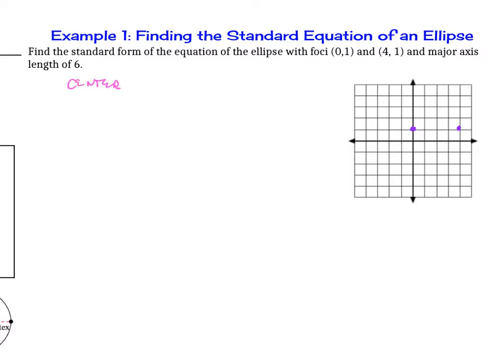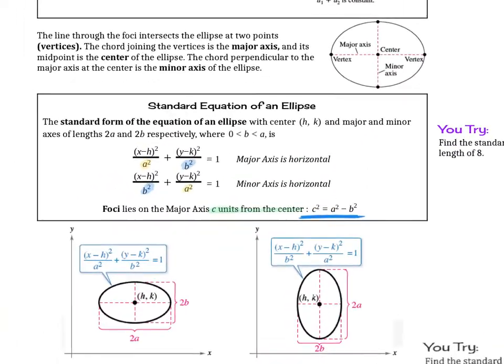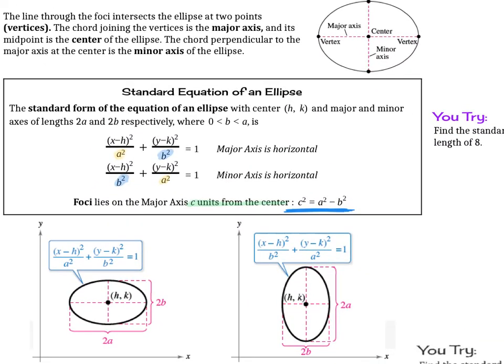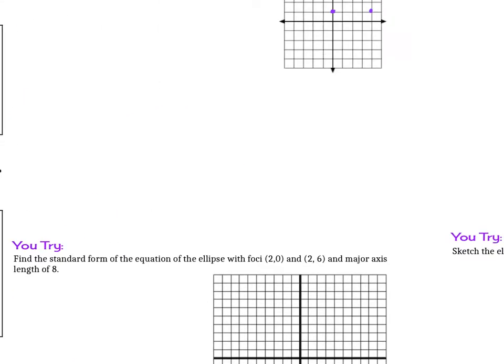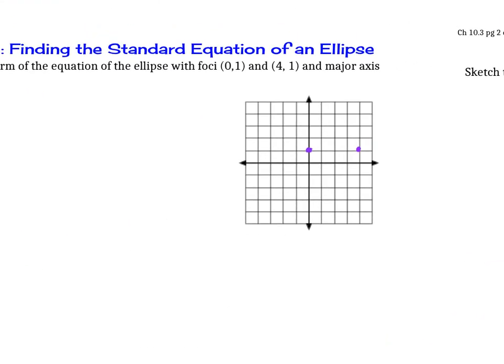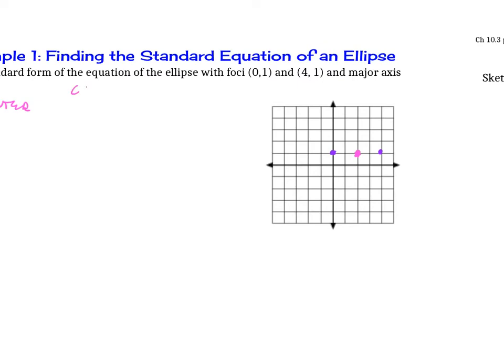Remember, the foci lie on the major axis, c units from the center. So the center, you can see, is right here between the 2 points. Let's label the center first because we do need that. The center is (2, 1), and the distance from the center to one of the foci is 2 units, so that is c.